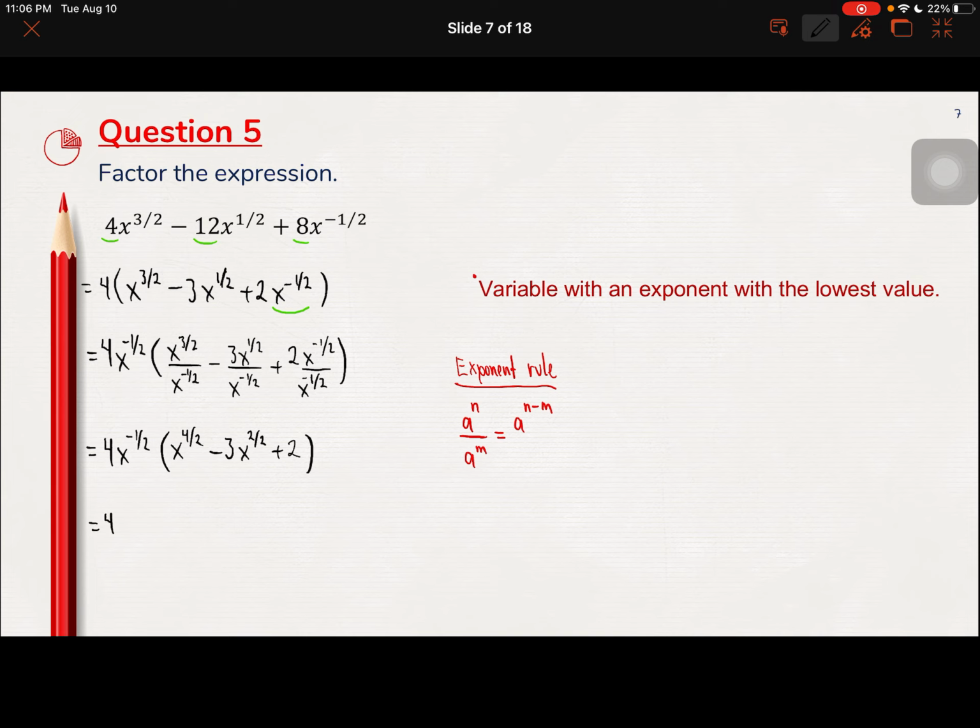And then I'm going to simplify the power, so this becomes x to the second power minus 3x plus 2, and then 4x to the minus 1/2.